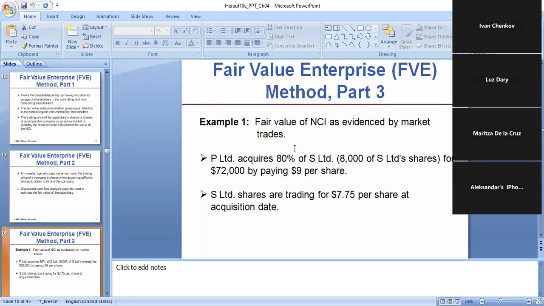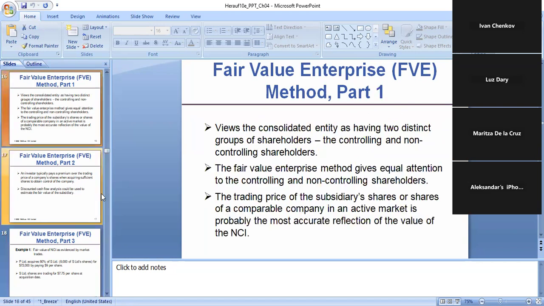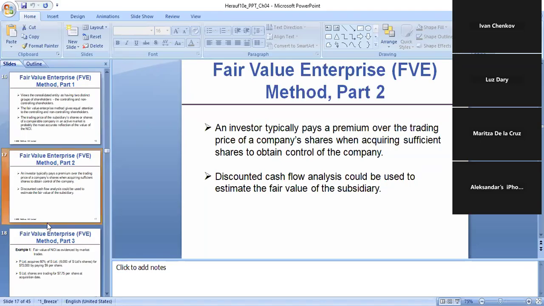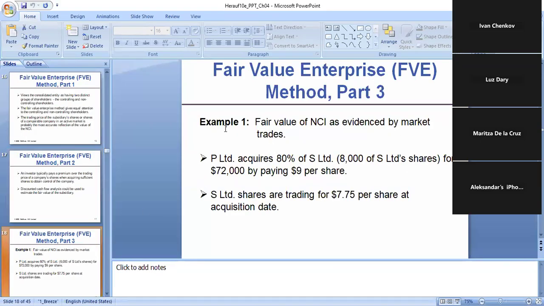Let's go with the example here. Example 1. The fair value of the non-controlling interest is evidenced by the market price. So we're chasing here what's the fair market value of the non-controlling interest, because the fair value enterprise method gives equal attention to the controlling and non-controlling interest. So let's see in this case.